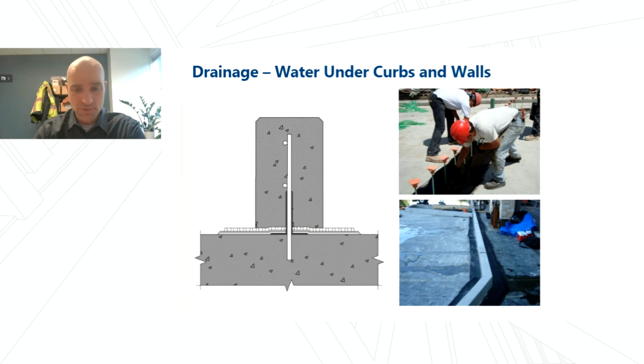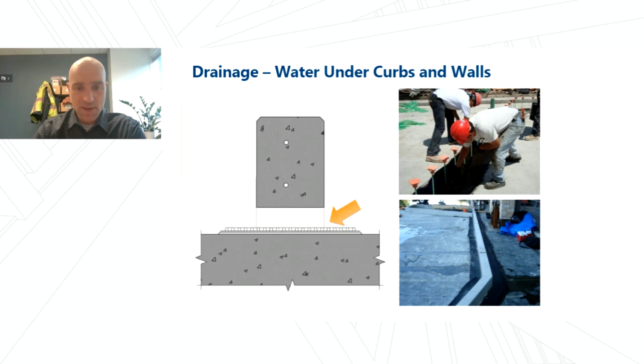One, any sort of reinforcing dowel in the curb or wall needs to be flashed to make sure that it stays watertight. And if your intent is to run the drainage mat underneath the wall or curb and send water underneath it, we've got to be sure that we keep that drainage mat clear during construction. We also have to be sure that the formwork for the walls or curbs is not nailed through this waterproofing.